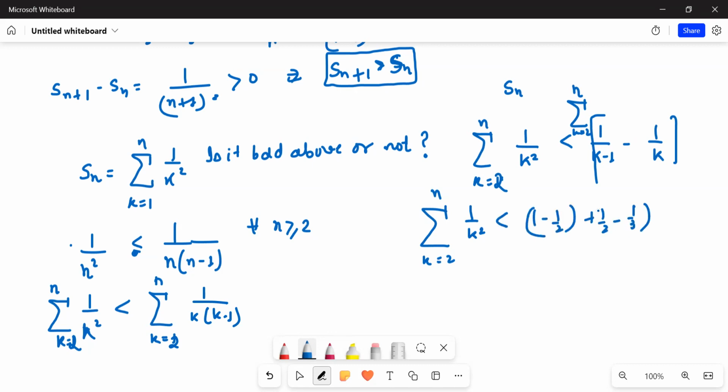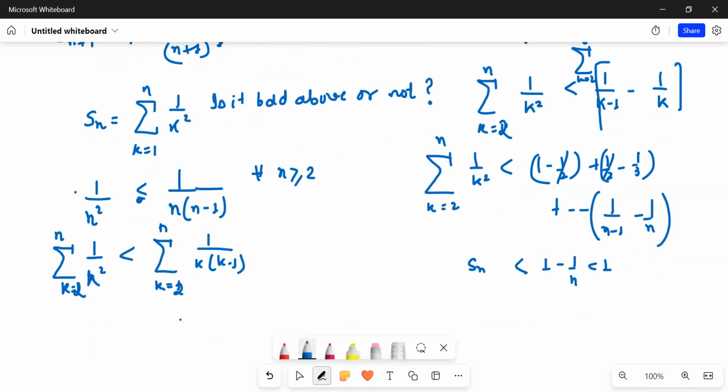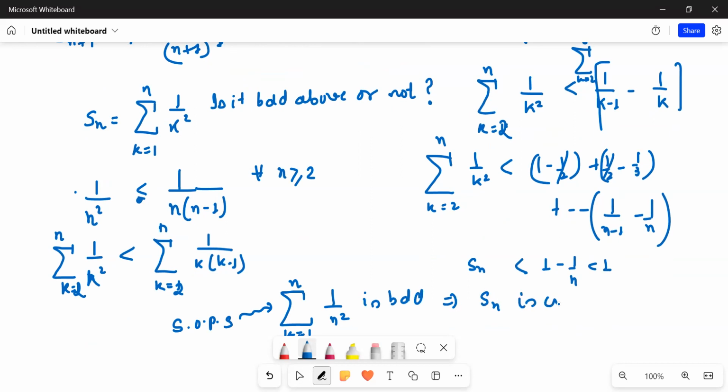So this telescopes to 1 minus 1 upon n. Overall, I know that Sn would be less than 1 minus 1 upon n, so the sequence of partial sums for the series 1 upon n square would be bounded, that is convergent. And if Sn is convergent, then summation 1 upon n square converges.